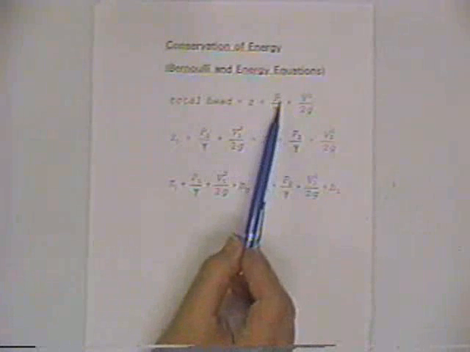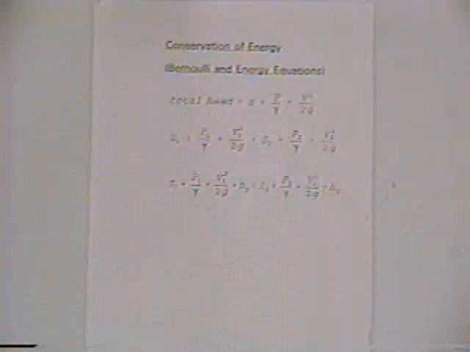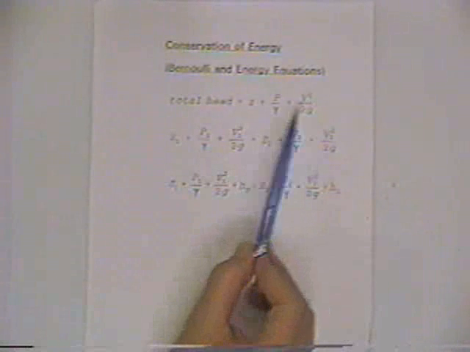And then there'll be a pressure exerted on that element of the fluid, and the pressure head is the pressure divided by the unit weight of the fluid, the same concept as fluid statics. And then a velocity head, there's kinetic energy, and the velocity head is v squared over 2g. And so that's the total head.